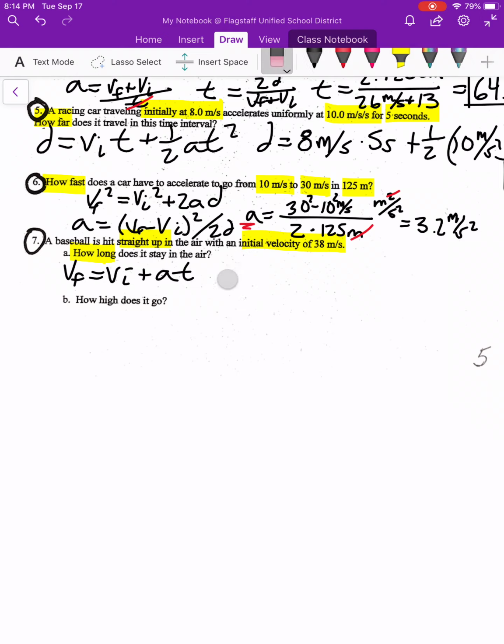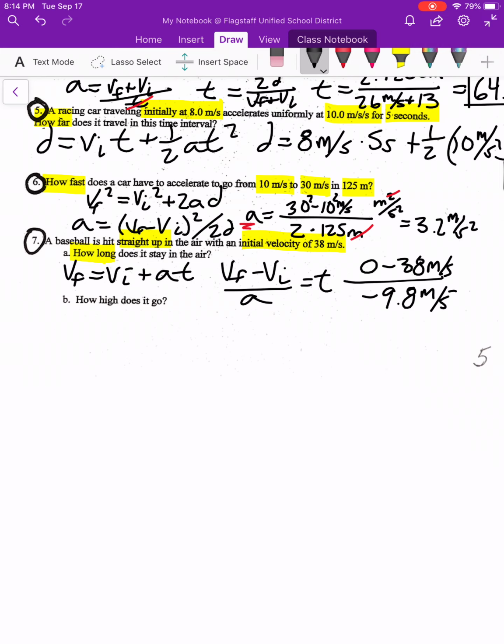I'm going to erase this little thing too. I'm going to rewrite this equation to solve for what? Looks like time. So I have my v final minus my v initial divided by acceleration equals time. Now I can just plug it in. So I have 0 minus 38 meters per second divided by negative 9.8 meters per second squared.